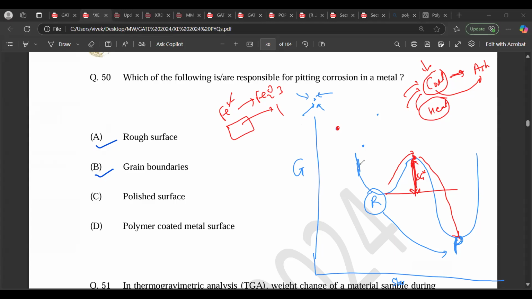That means usually your reactant is here and your product is here, but naturally it is in a very high energy state, because it was iron ore and then it was reduced to become iron in the steel making process. So we already have a high energy state material.